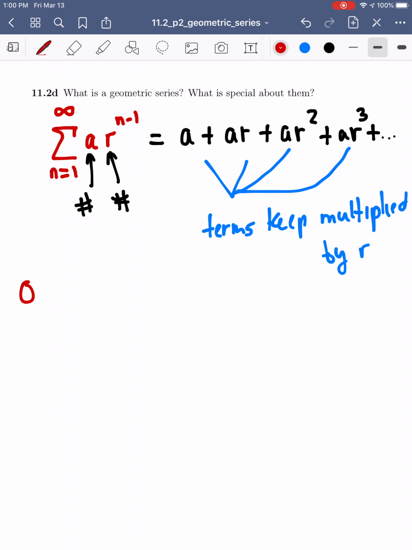So we're going to ask ourselves a couple of different questions at this point. The first question is, we haven't talked about any convergence or divergence of the series, but at this point the only series test we have at our disposal is the test for divergence. So we're going to ask the following question: what values of r could we hope make the series converge?